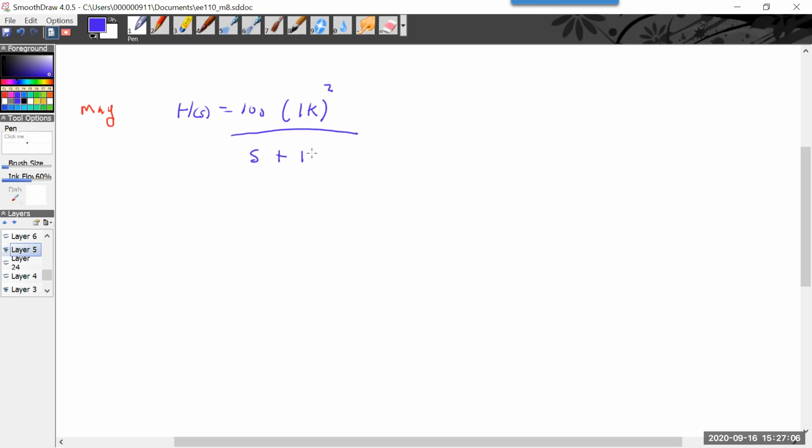We had 2 repeated roots, poles at 1 kiloradian per second. All right. So there's 2 poles, but they're repeated. So really, we just have when omega is less than 1K and when omega is greater than 1K.